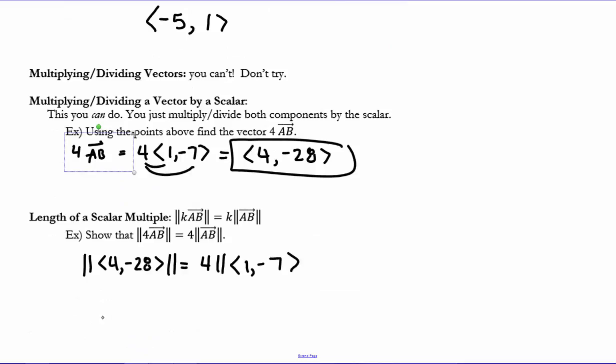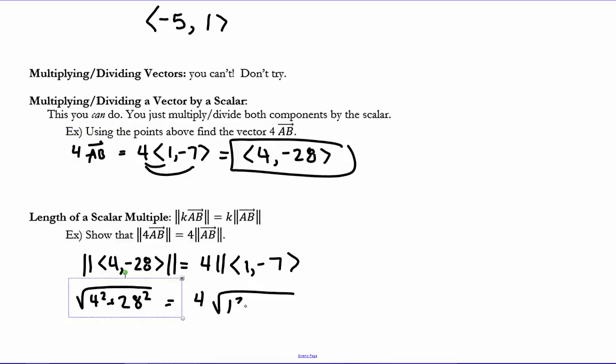So over here, I would have the square root of 4 squared plus 28 squared. And over here, I would have 4 times the square root of 1 squared plus 7 squared. Ignore the negative, it's going to disappear anyway.